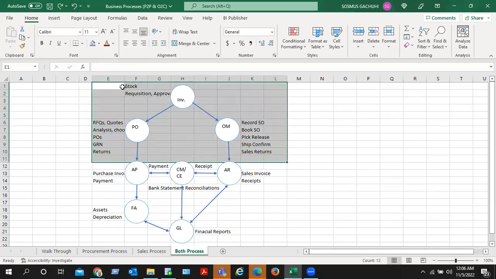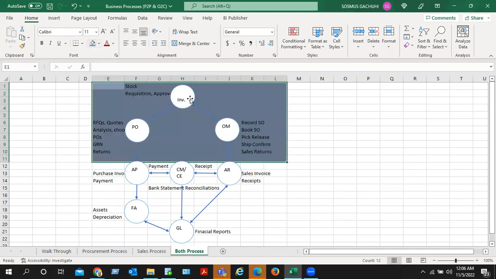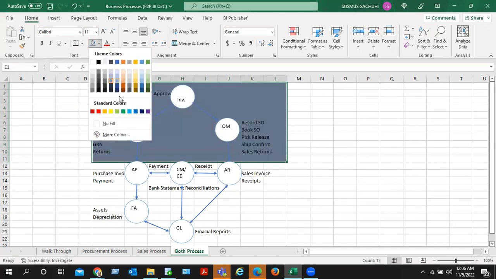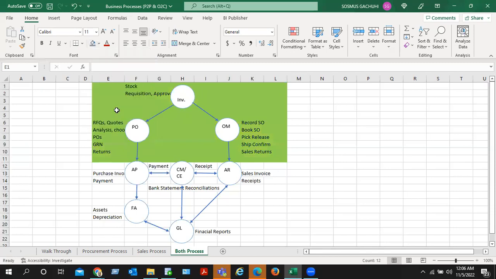So on the top we have SCM, or rather supply chain management.